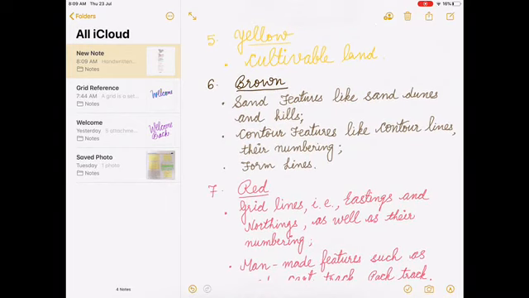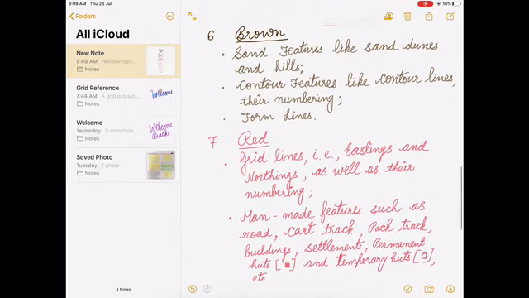Next is yellow color. All cultivable land, the agricultural land that you will see, is in the yellow color. Next is brown color. Any sandy feature, like sand dunes, and hills are also marked with the brown color.